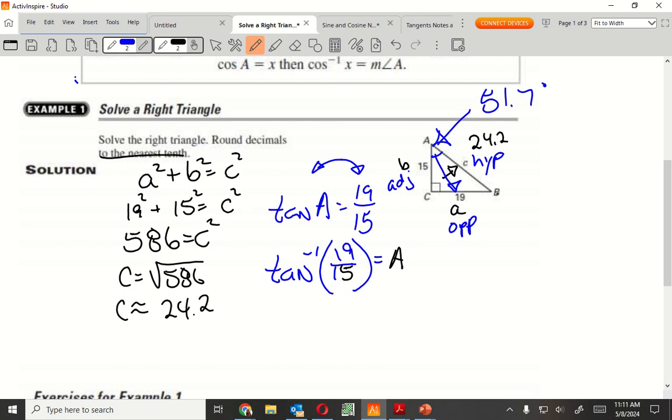Alrighty. So now, to figure out B, there's something that's called the cofunction. Angle A plus angle B equals 90. This is called cofunction.